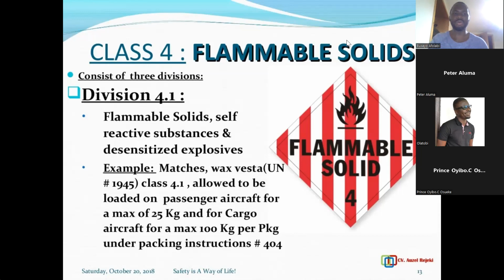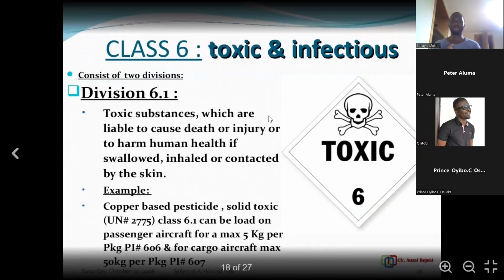So we'll be dealing majorly with 6.1, which is toxic substances, meaning they are liable to cause death or injury or to harm human health if swallowed, inhaled, or contacted with the skin. Prince, are you hearing?